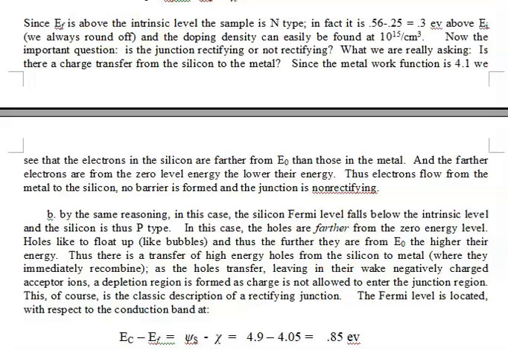So in part B, we increase the metal work function from 4.1 to 4.9, and we suspect that that's a huge value. So we suspect that it's probably P-type, and indeed that will be the case.